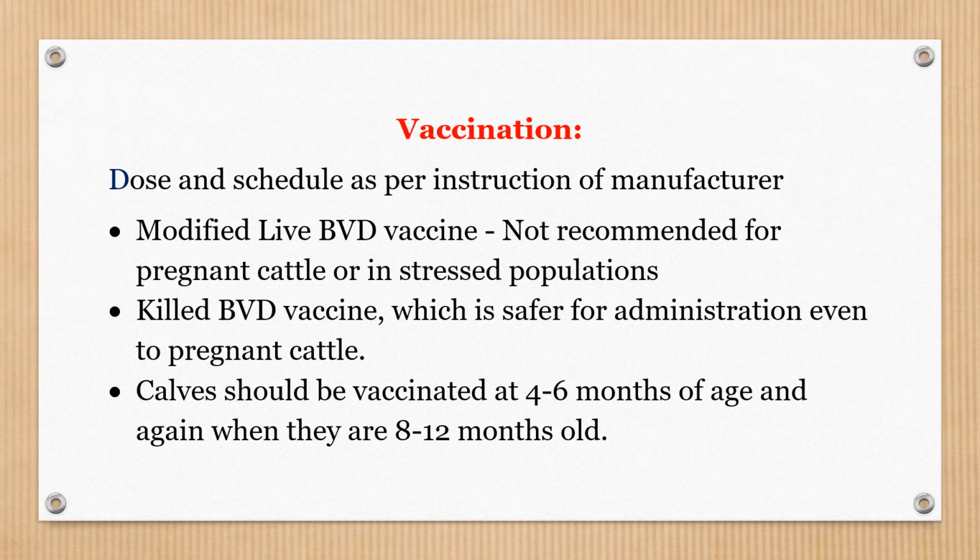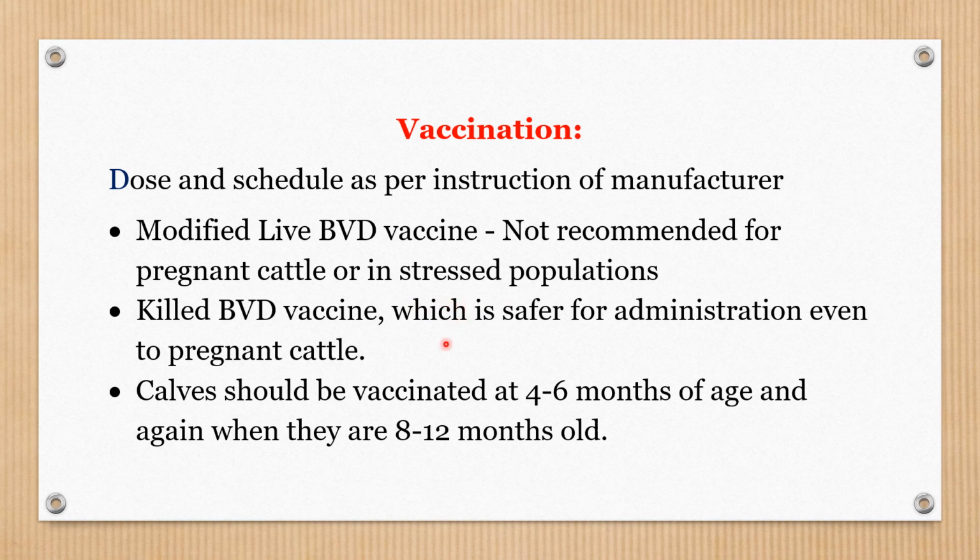Vaccination is a very important step for prevention of the disease. Various vaccine doses and schedules should be followed as per the instructions from the manufacturer. The modified live BVD vaccine is not recommended for pregnant cattle or in stressed populations.